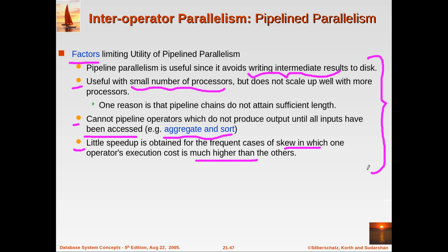It is always helpful where we have only 2 or 3 processors available for the execution. In other situations we need to go for a second inter-operator parallelism mechanism that we will discuss in the next slide.